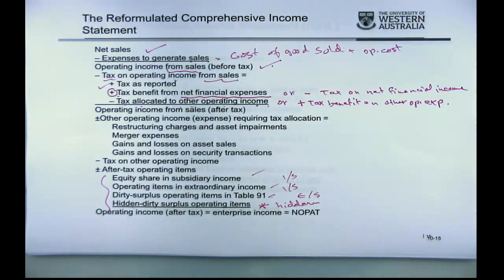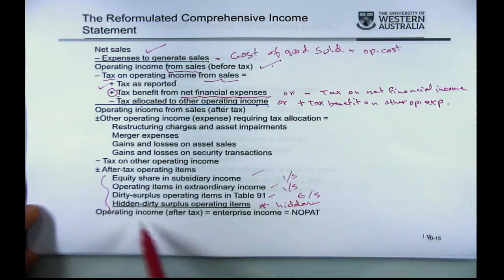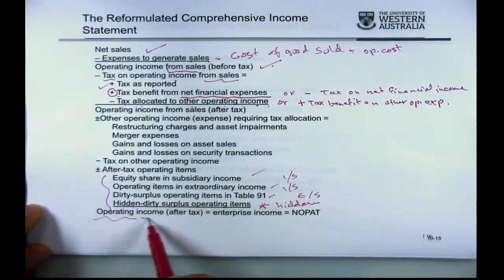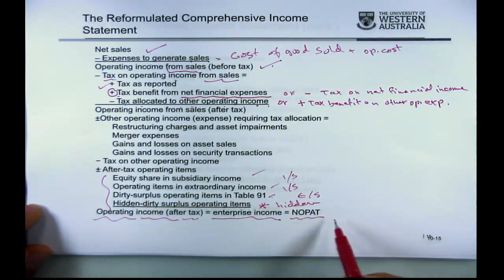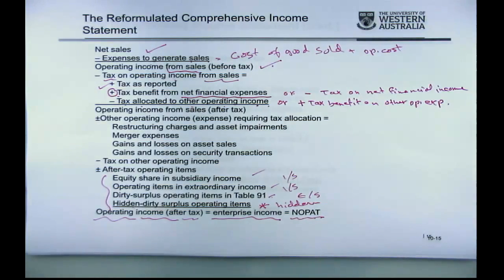You still remember the losses on exercise of options? Call options, yeah. Now, once you have done that, you can calculate the operating income after tax. Sometimes it is called enterprise income. Sometimes it is called net operating income after tax. NOPAT is the net operating income after tax. Okay.